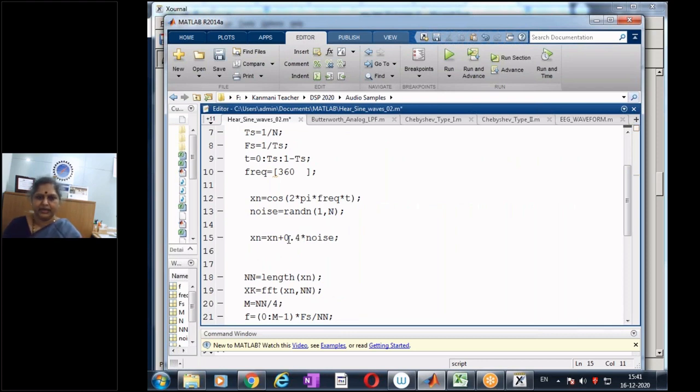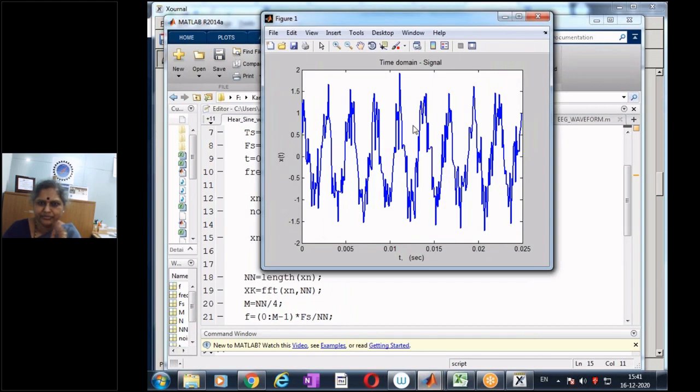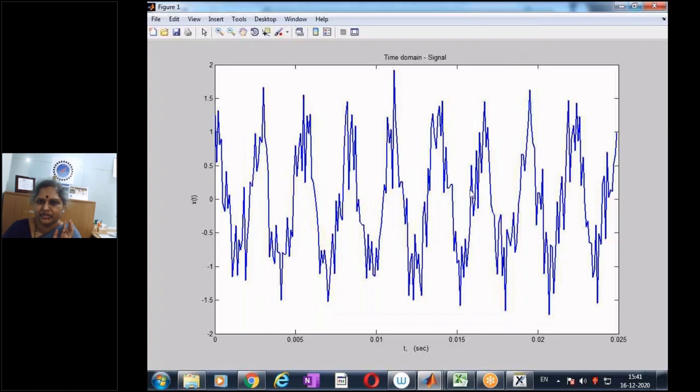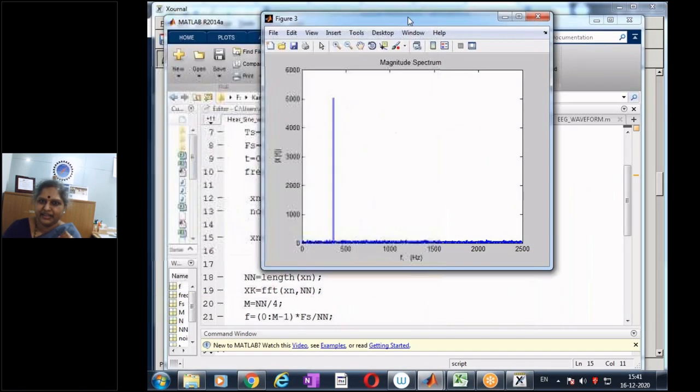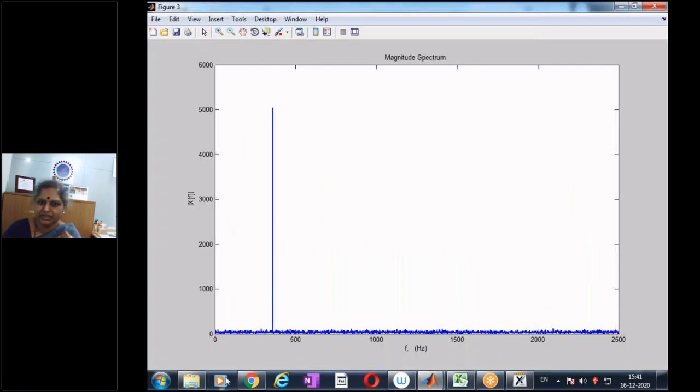Let us say I add random noise, a Gaussian noise of the same length N, and I'm going to add it. Let us run and see the signal. So after adding the noise, this is the sine wave with the added noise. Let us look at the spectrum.